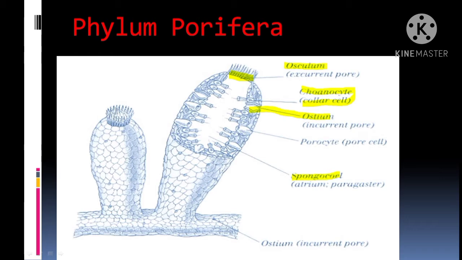Sedentary means they need to attach or sit, and less activity happens in these organisms. Mostly they attach to the substratum. Most of them have an asymmetrical body. If we cut it, it does not form two equal parts, so we can say the body of Porifera is asymmetrical.